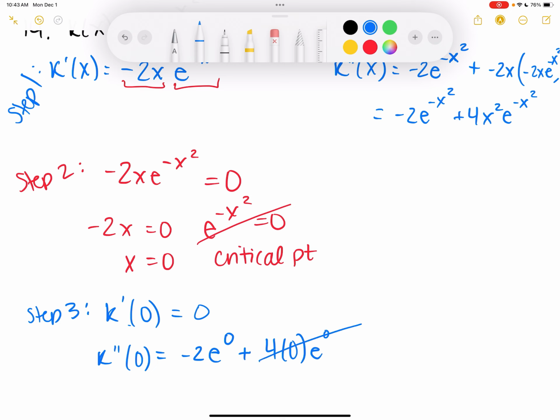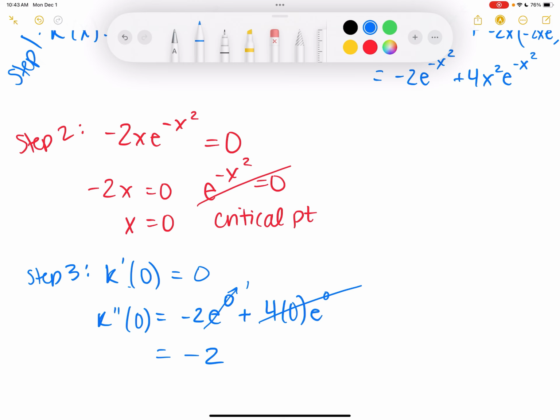And so the second derivative at 0 is just going to be equal to negative 2 because this is 1. So that's equal to negative 2. To determine if it's a max or a min, we look at it compared to 0. This is less than 0. And so then that means that it's a max using the second derivative test.